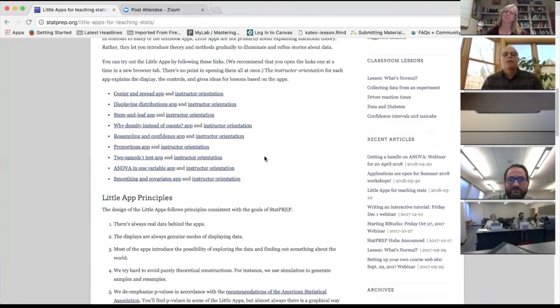And those instructor orientations are meant to give you ideas for how you might use the apps in teaching. They're not meant to be lab 7 in your course, but they might give you an idea for how you want to structure that. And they try to explain what the different components of the apps are. Okay. That's awesome.